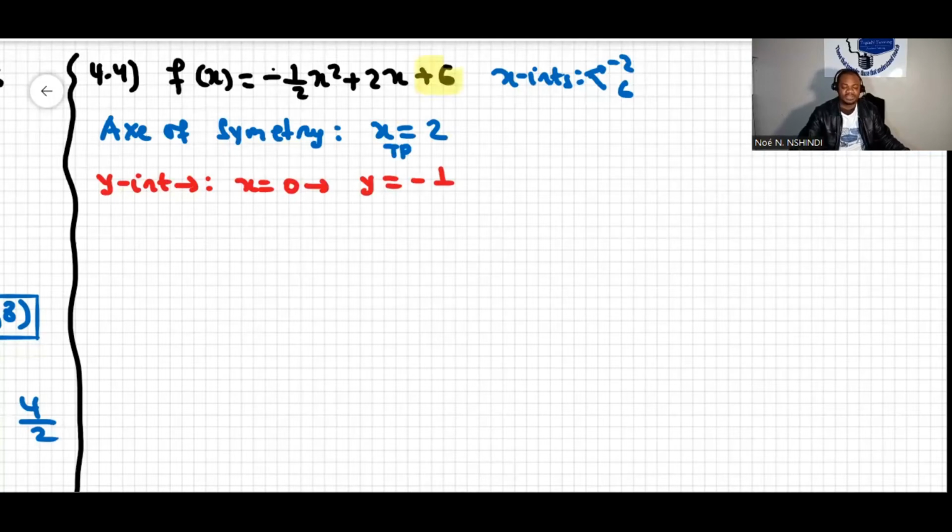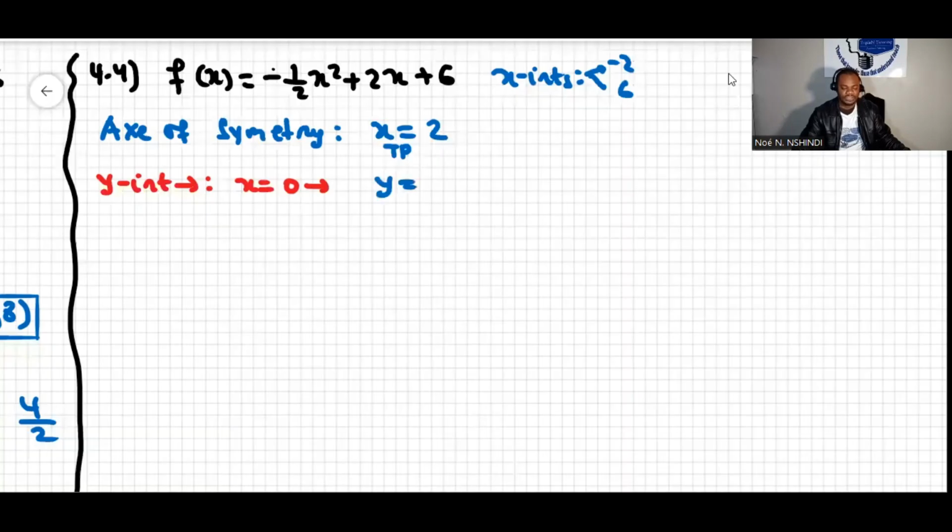So we sub in the value of x as 0, and then we get y equal to 6. So I'm going to write over here that y equals 6. So let's draw the graph.